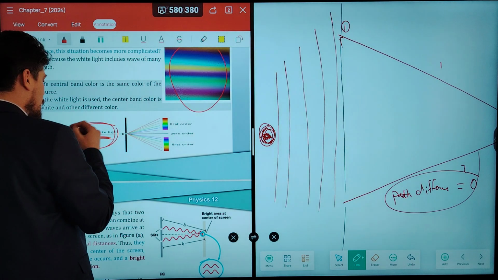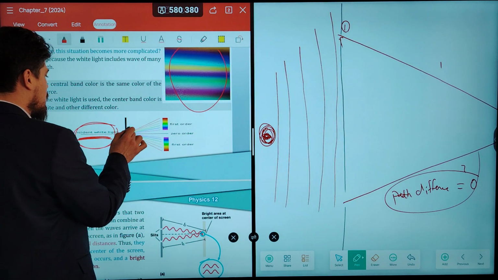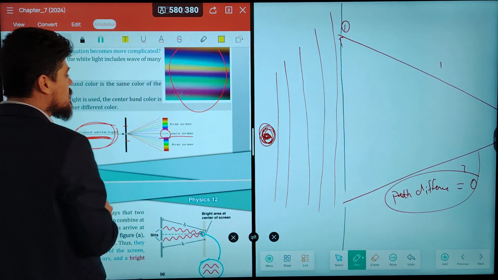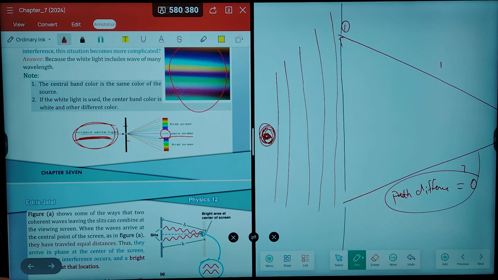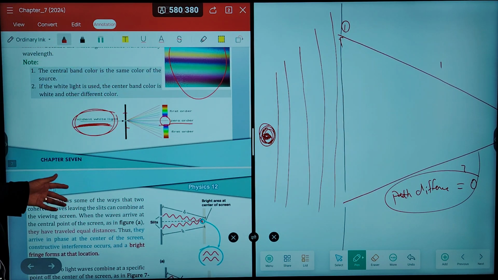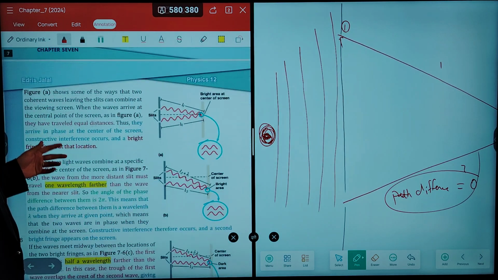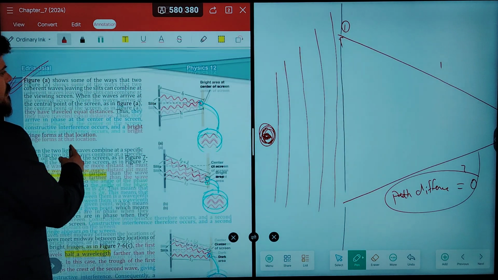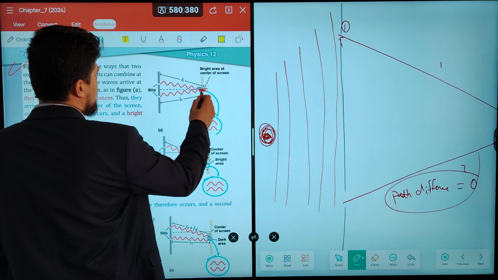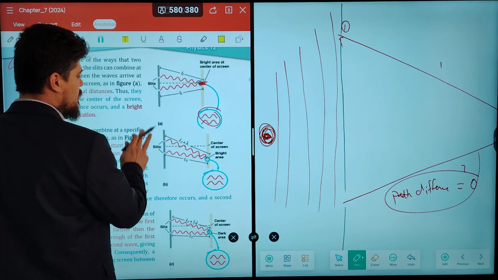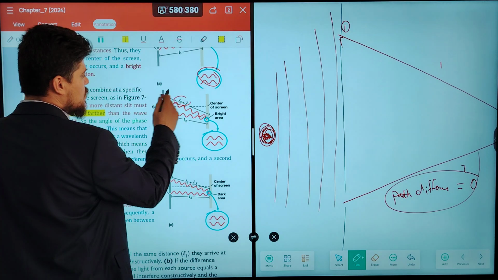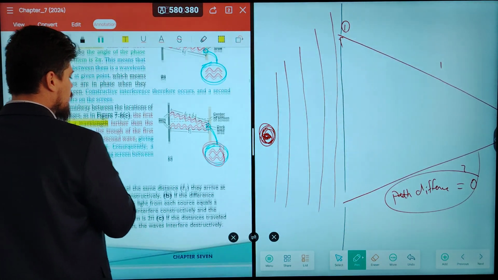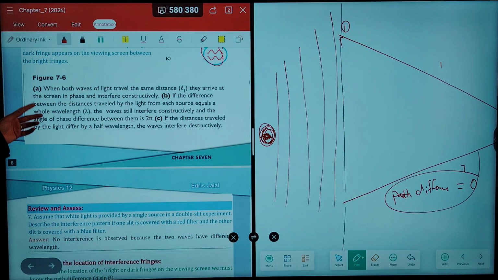If we use white light in double slit interference, the central maximum is also white. But for the others, the spectrum occurs. This is exactly what I studied here. For the central maximum, the type of interference is constructive. Here, the distance is one wavelength further from the other, and here destructive interference occurs. Okay.